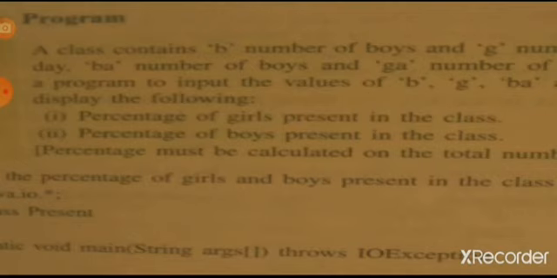First, the percentage of girls present in the class. Second, the percentage of boys present in the class. So we have to take input of the total number of boys, the total number of girls, and on the rainy day the number of boys and girls absent, and according to this we have to calculate the percentage of girls and boys present that day.